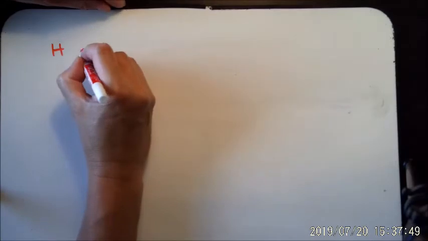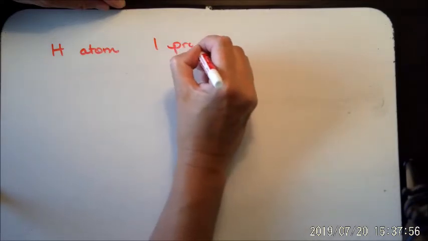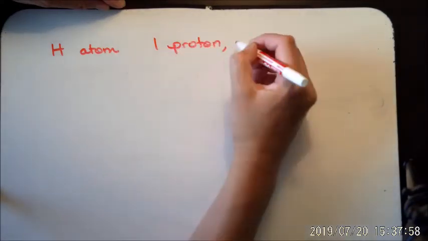If we take a look at the hydrogen atom, it has one proton and one valence electron.